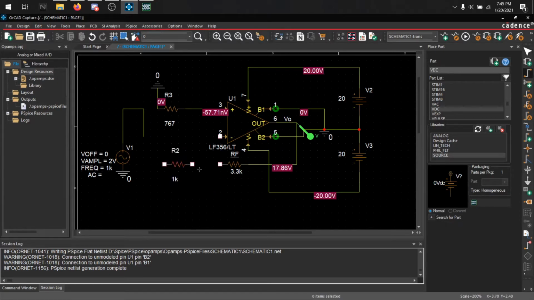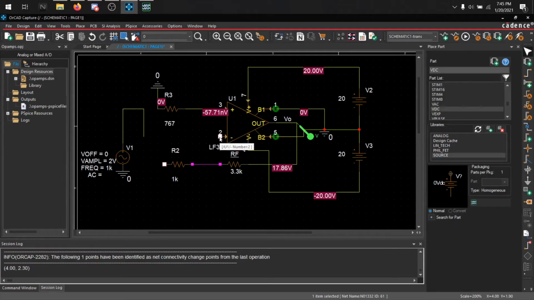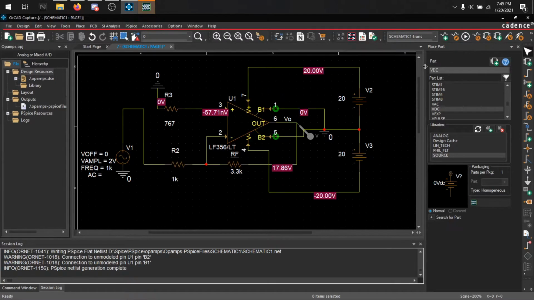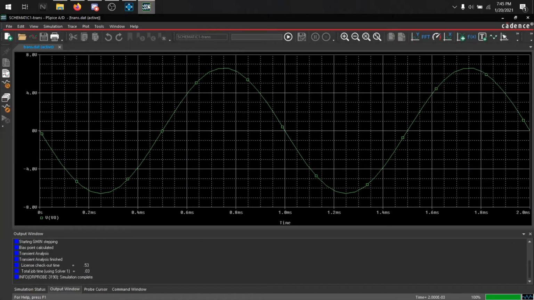So, man. That's how it looks. Now we run it. It should be negative 6.6. Nice. There it is.